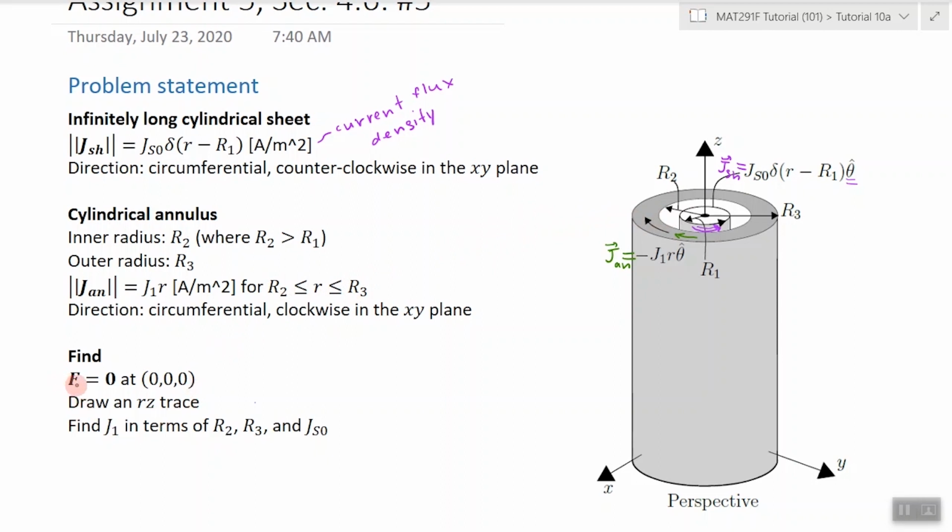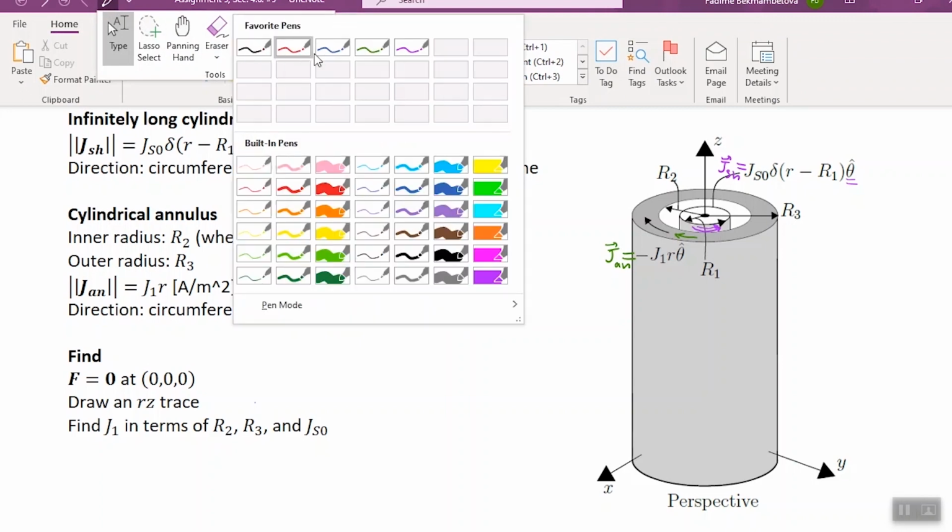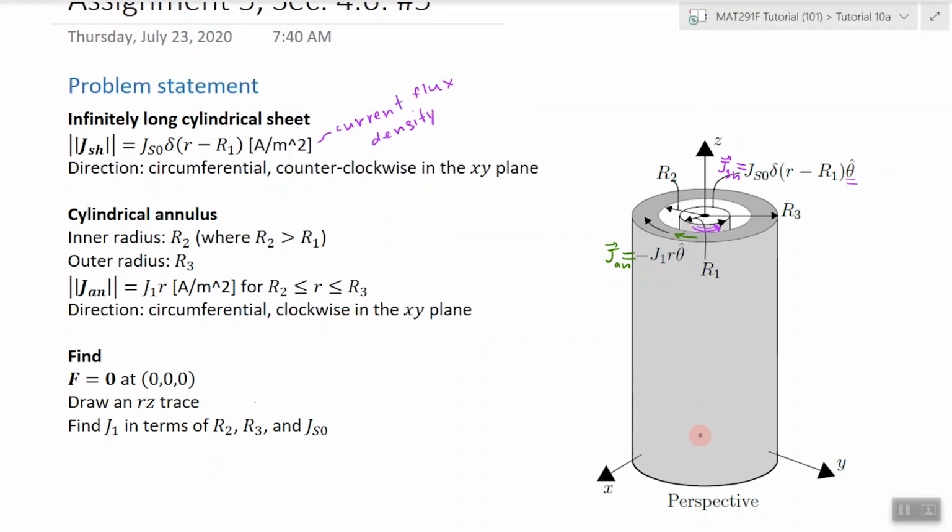The question tells you that the total field produced by these two objects is equal to 0 at the point 0, 0, 0. So the total field right here is equal to 0. And it asks you for two things. The RZ trace, which you should draw even if the question doesn't ask it, and the constant J1 in terms of R2, R3, and J(S0).